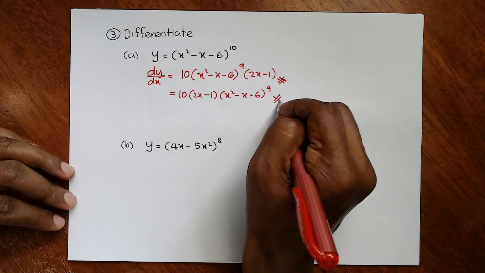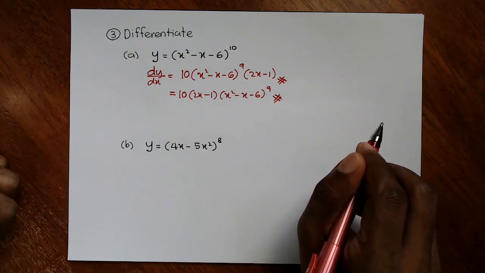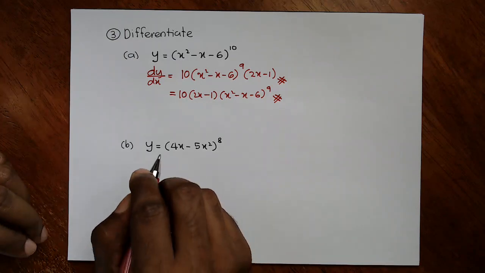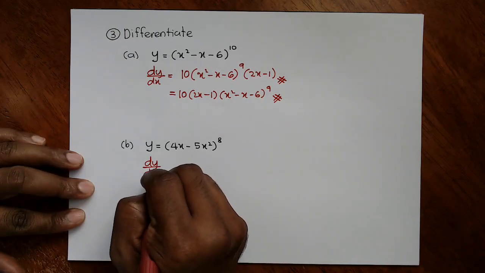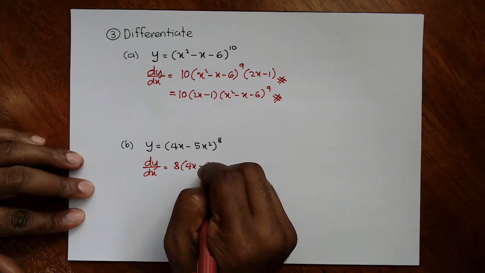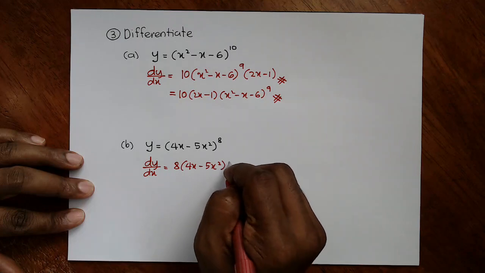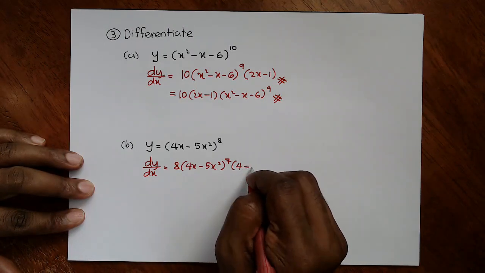How about question B here? Power of 8. So dy/dx will be 8(4x minus 5x squared) to the power of 7. Differentiate the inside, you get 4 minus 10x. Now this is very interesting.